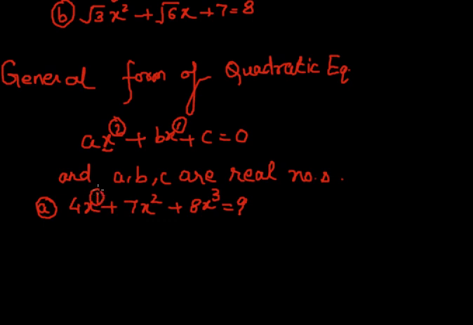Power of variable is 1, power of variable is 2, power of variable is 3. Which is the highest one? 3 is the highest. But for quadratic equation it should be 2. So this is not an example of quadratic equation.